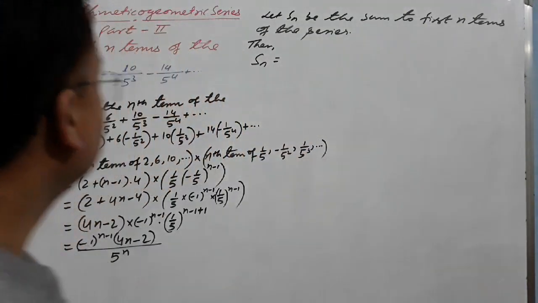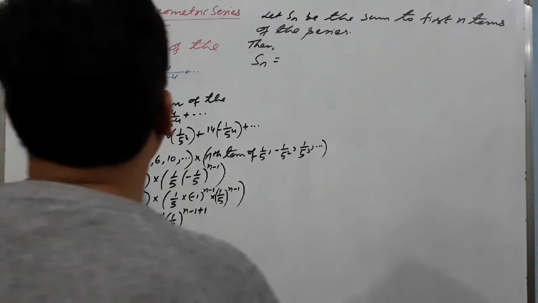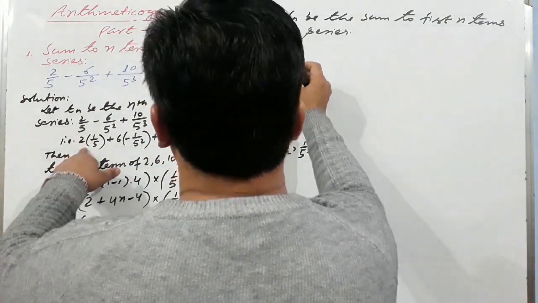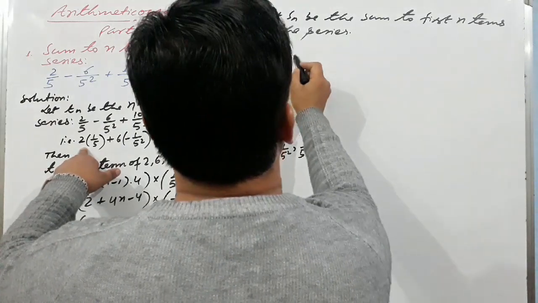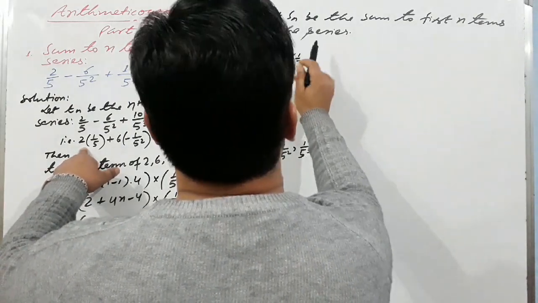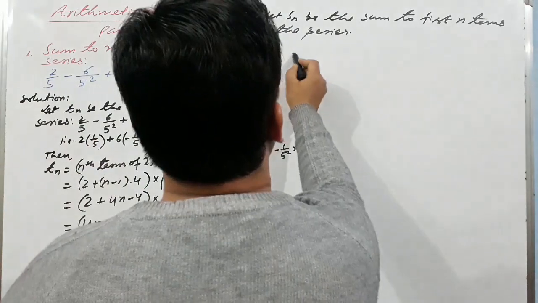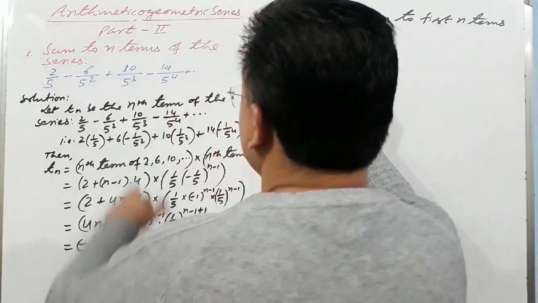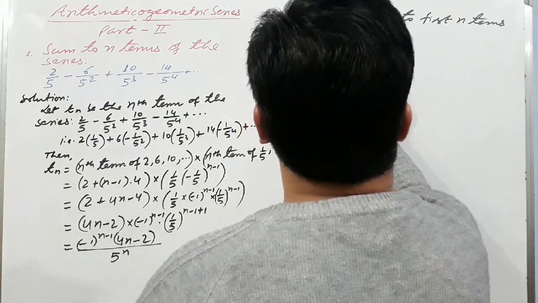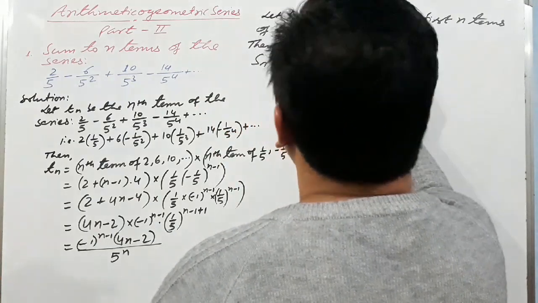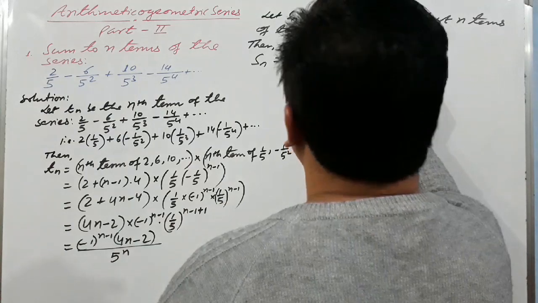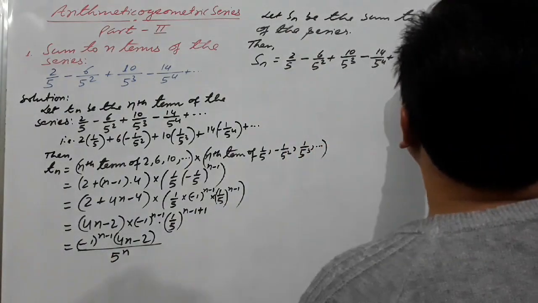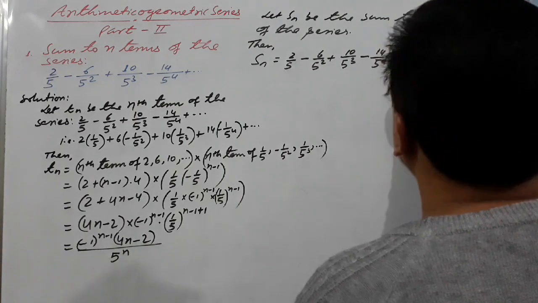Sn is equal to, now we will write down 2 upon 5 minus 6 upon 5 square plus 10 upon 5 cube minus 14 upon 5 to the 4 plus dot dot, and write down the second last term and the last term.